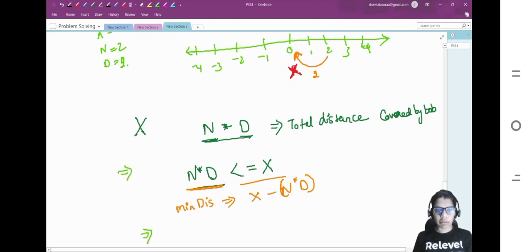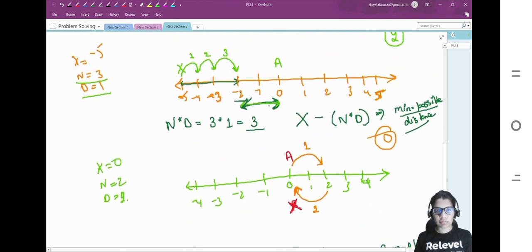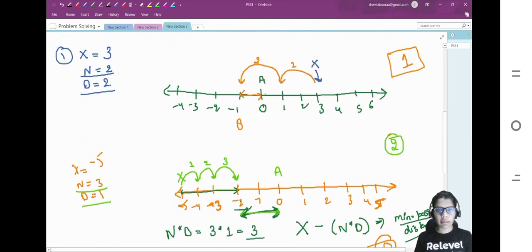Now there can be another case when your total distance covered by steps would be greater than x. This is the case when Bob would cross your origin, that is 0. So we have seen this particular case here when Bob crossed origin and it came to -1, right?